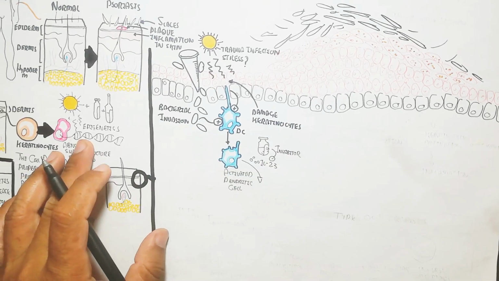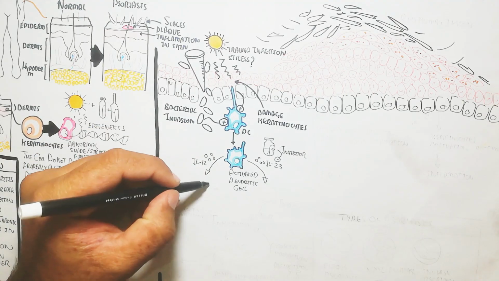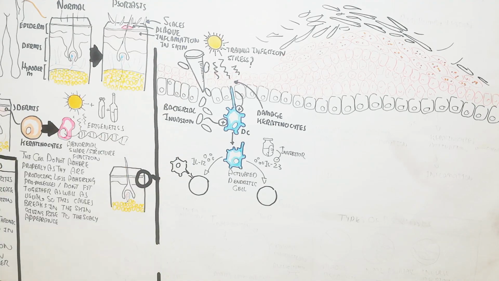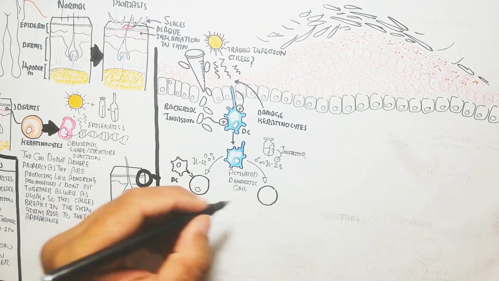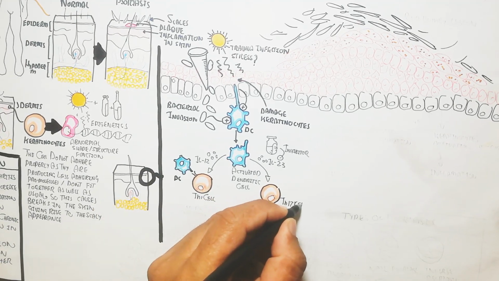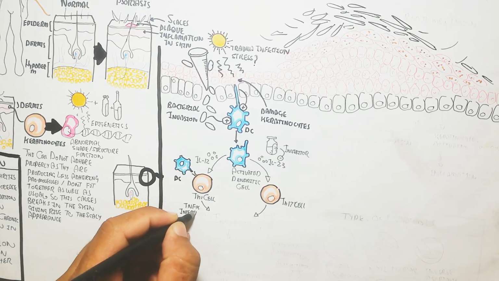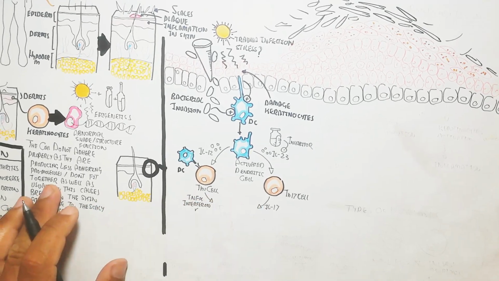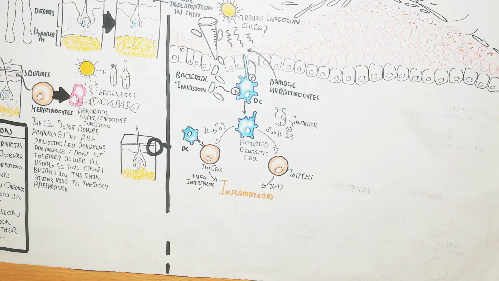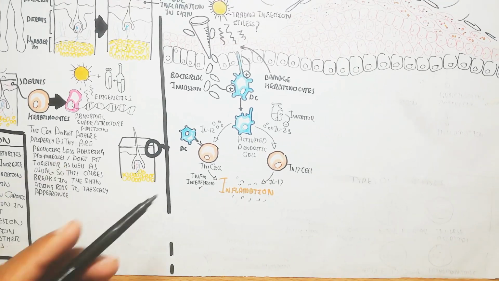The best inhibitor can stop interleukin 23, and interleukin 12 also triggers the T helper 1 cell, and T helper 17 cells are triggered by the activated dendritic cell, which recruits them. After this recruitment, the T helper 1 cell produces interferon gamma and tumor necrosis factor alpha, while interleukin 17 is produced from the T helper 17 cell.